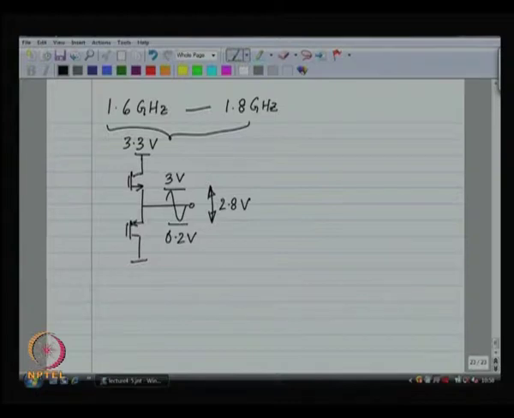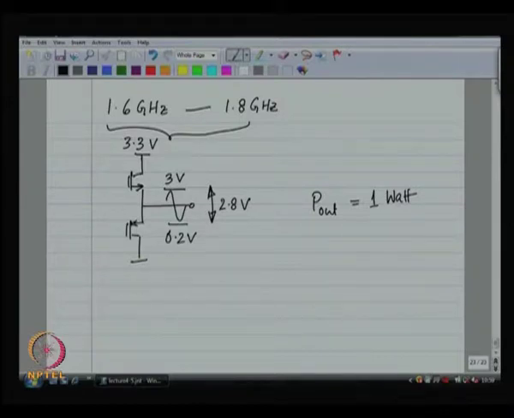Okay. And suppose that you are quite far from the base station, and you are required to pump out a power of 1 watt. Suppose this is what we are working with.